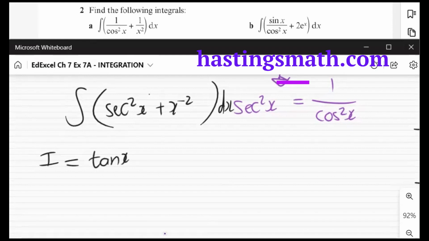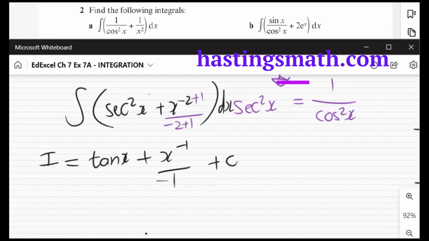When we integrate something with a negative exponent, as long as it's not minus 1, you just add 1 and divide by the new number. So it will end up being x to the power of minus 2 plus 1, over minus 1. Don't forget plus c.